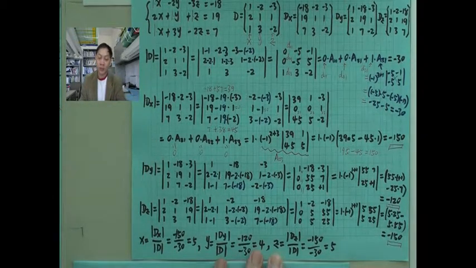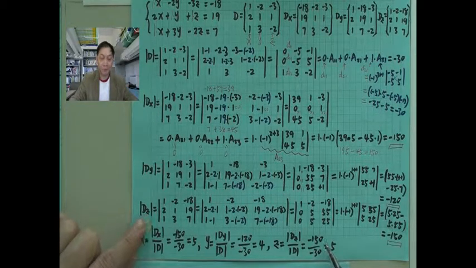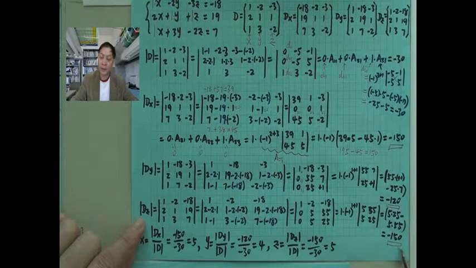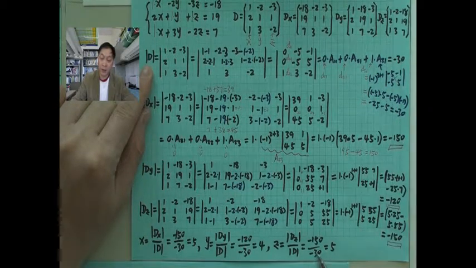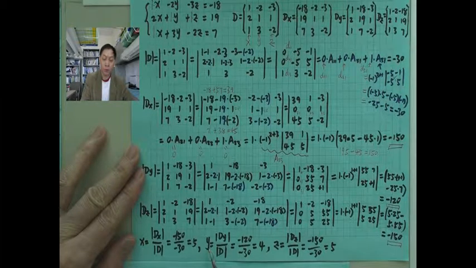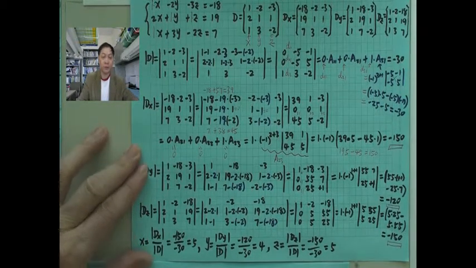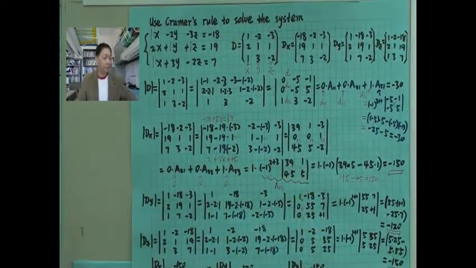Finally, you have a z. That's the determinant of dz, negative 150, divided by the same number, determinant of D, negative 30. You have a 5. So, x is 5, y is 4, z is 5. That's the solution for this system. Okay? I'll see you next time.